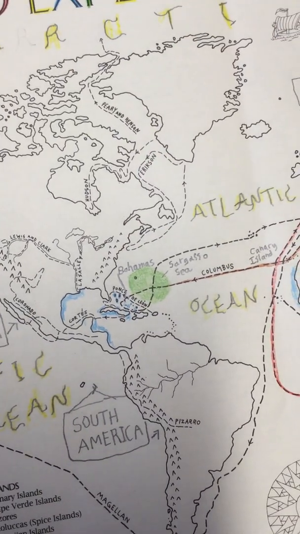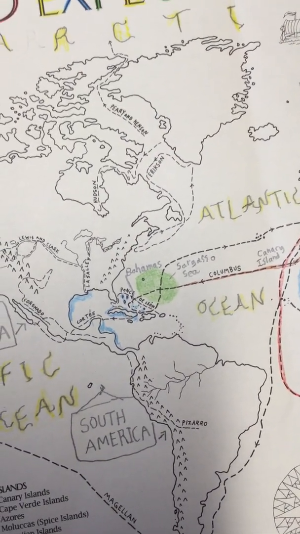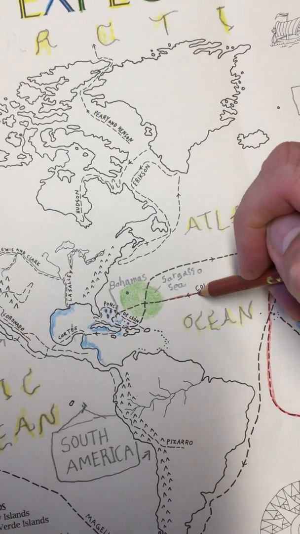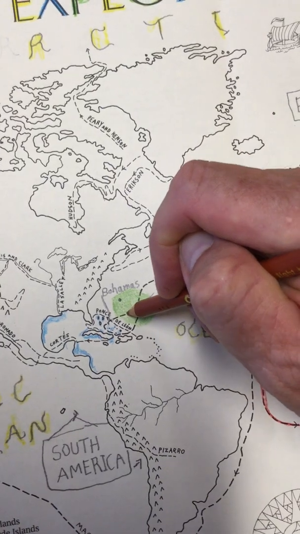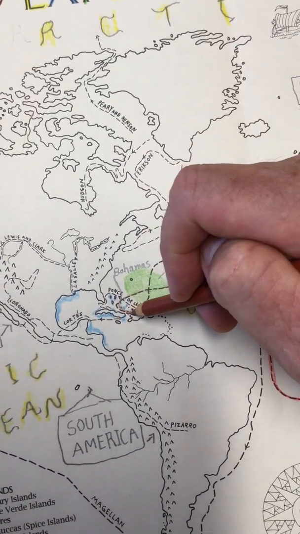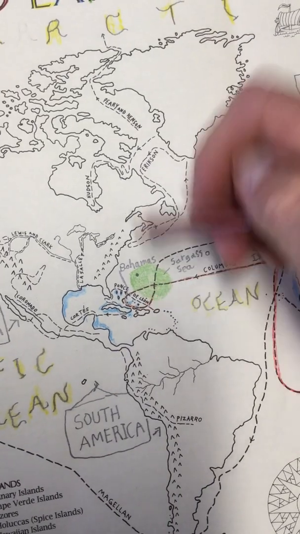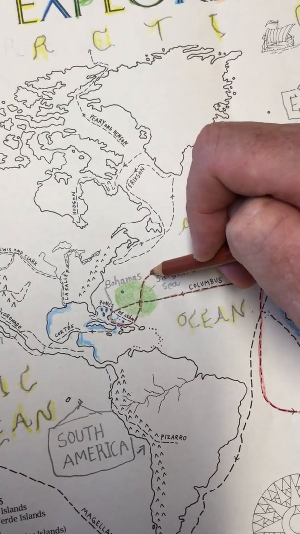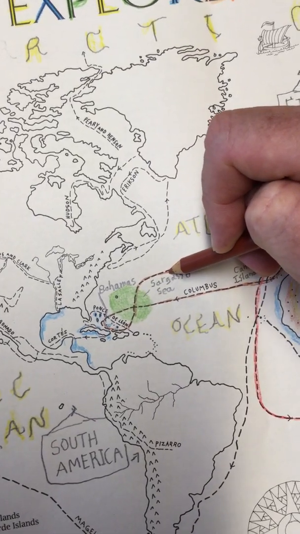Okay, and let's continue, let's just show his route. He ended up going all through the Caribbean a little bit. And then coming back, you can see he kind of followed the Gulf Stream, and that pushed him along back toward Europe.